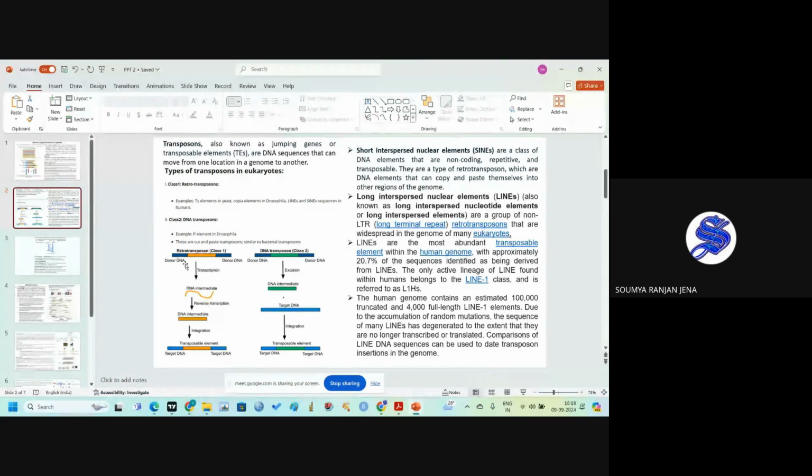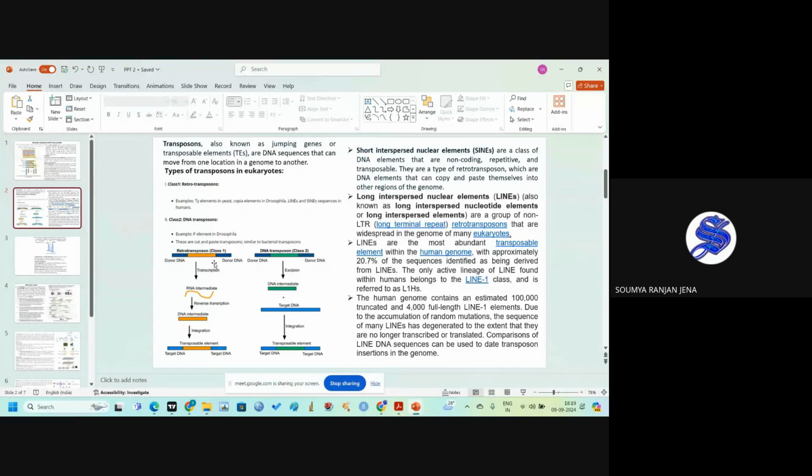But here, the retrotransposon transposable element is converted to an RNA intermediate. Then, with the help of the reverse transcriptase enzyme, it is converted to a DNA intermediate, RNA converted to DNA. Then this DNA is integrated into the target DNA.